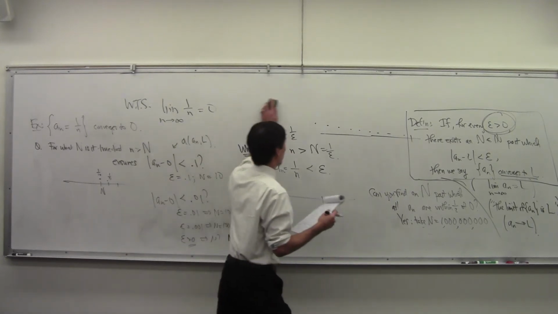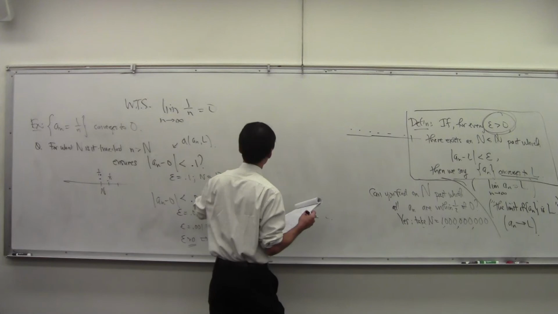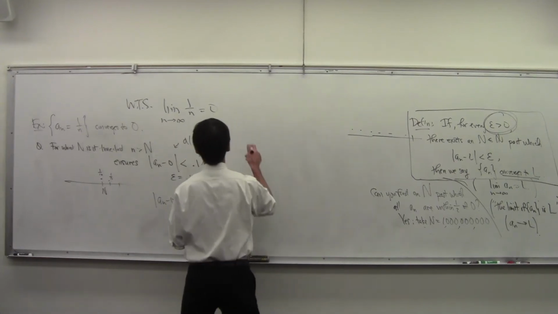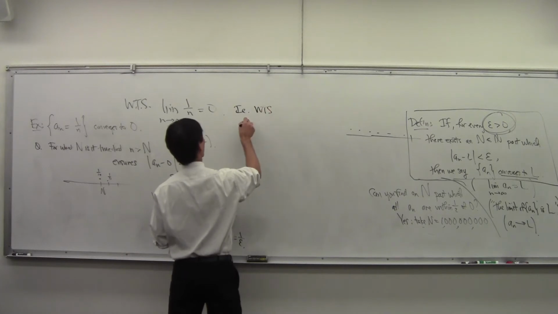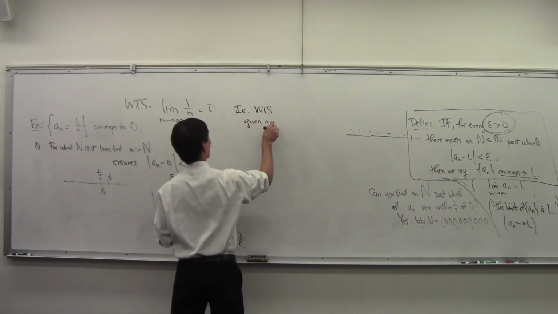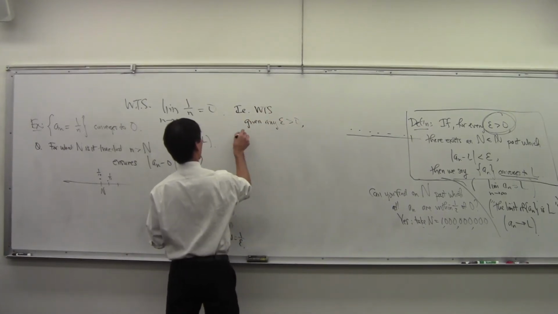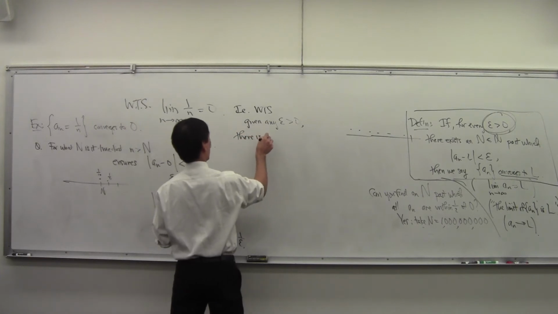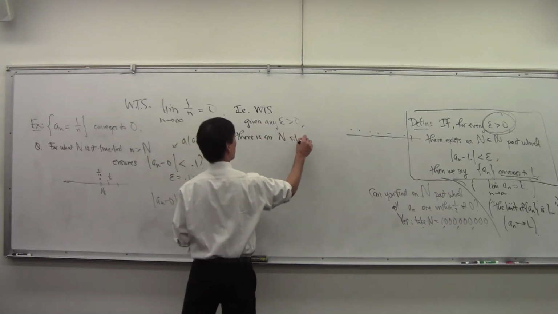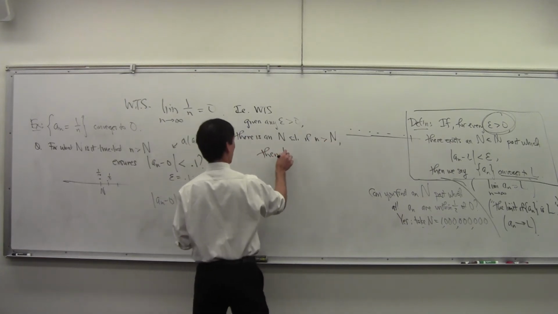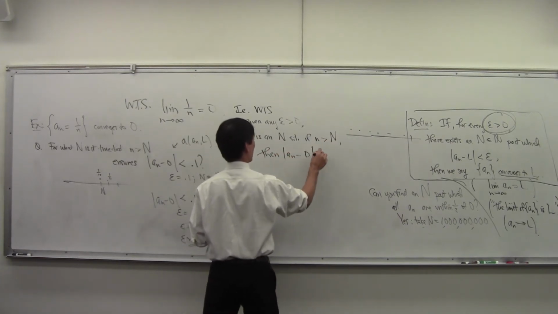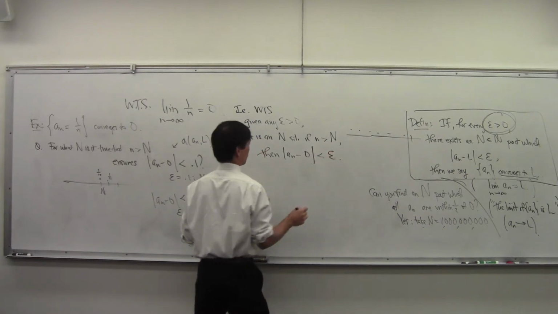Let me write it out formally. We want to show that given any epsilon, there is an n such that if we're past that n, then the distance of a sub n to 0 is less than epsilon.